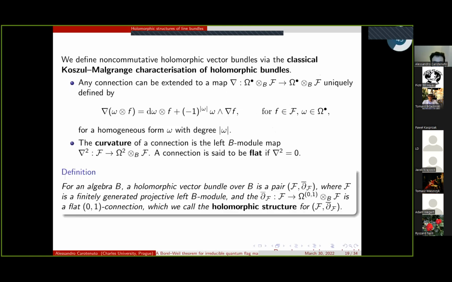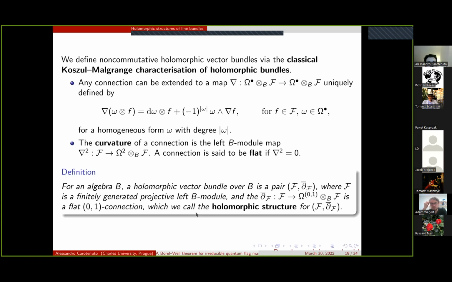Boris? Okay, just one quick question. So this is a definition of a general holomorphic vector bundle, but you assume somehow that this 0-1 connection is flat. I assume that it is flat, yes. So this is more like a flat holomorphic vector bundle? The thing is that I don't know if there is a Koszul-Malgrange theorem.